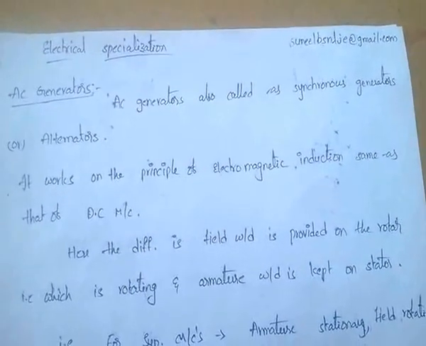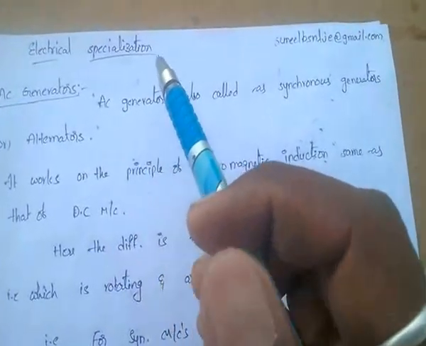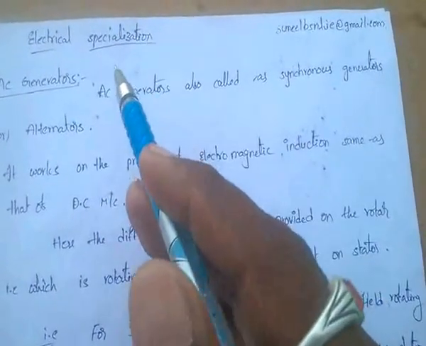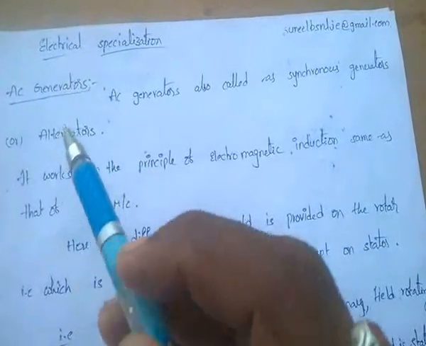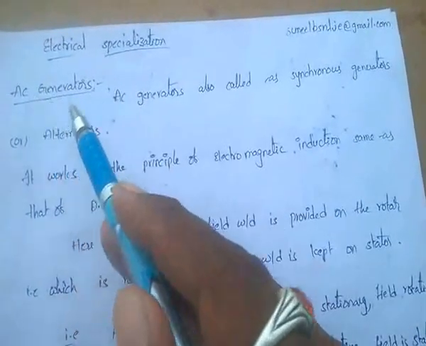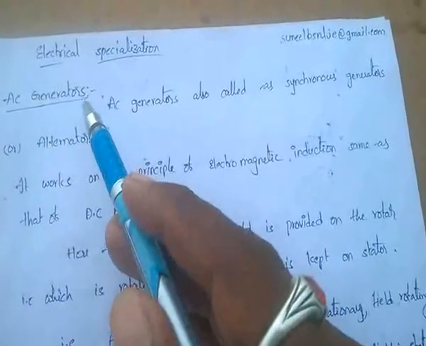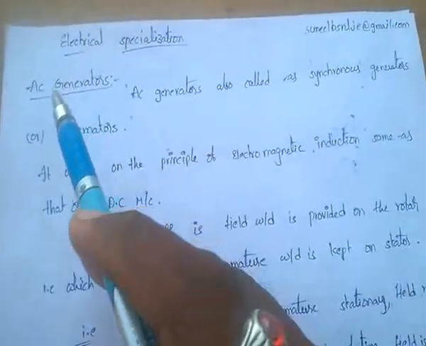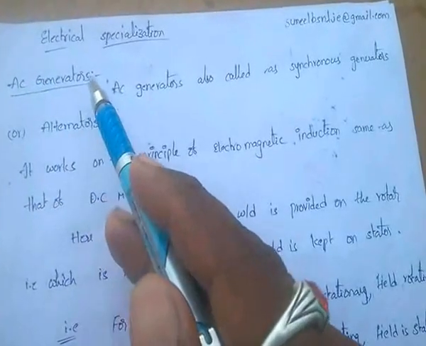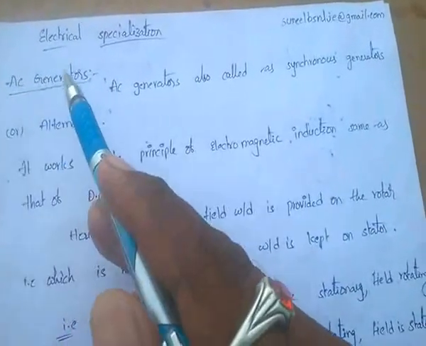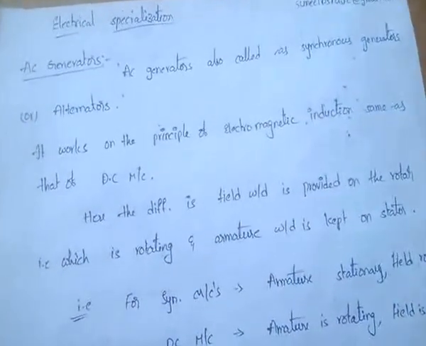In this video, I am going to discuss electrical specialization, AC generators. We know that a generator generates electrical energy. An AC generator generates AC, that is, an alternating quantity.